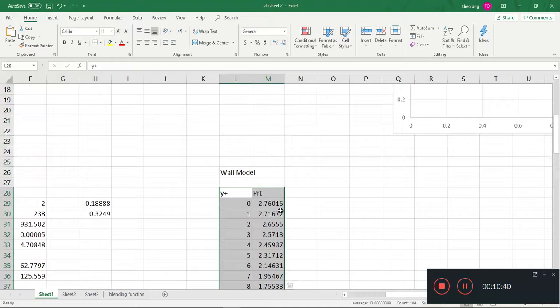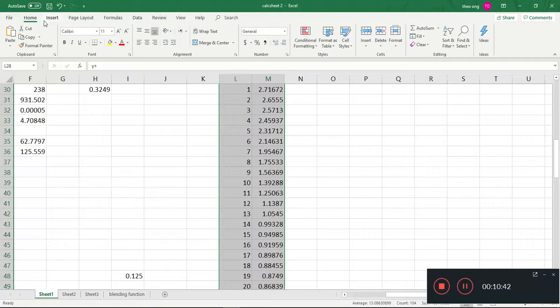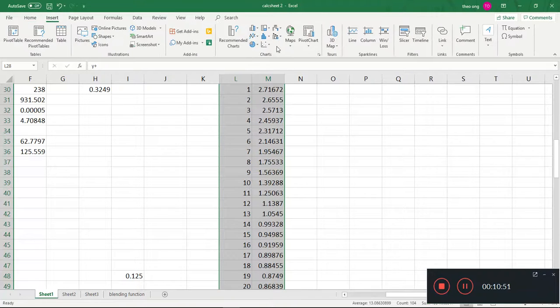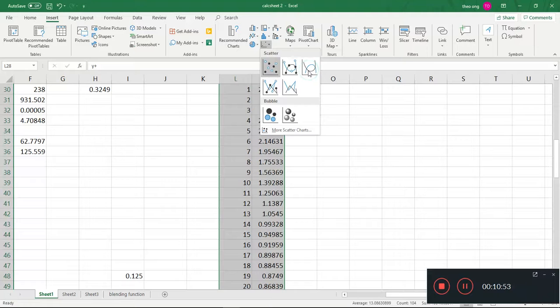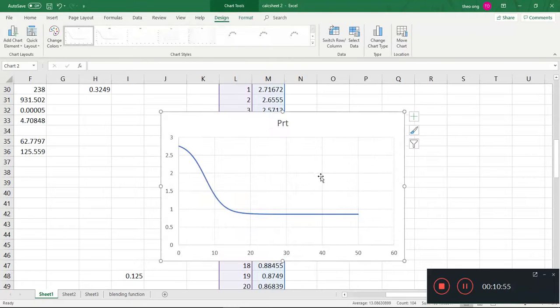This is very easy. You can just do it in Excel. You can take a look at y plus equals 5. This actually has a Prandtl number of about 2.31. So I give you a scatter plot, and this is what it will look like. So the Hollingsworth model.